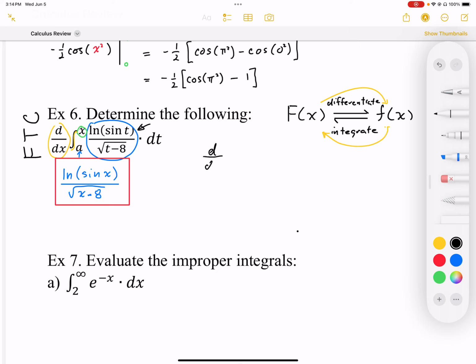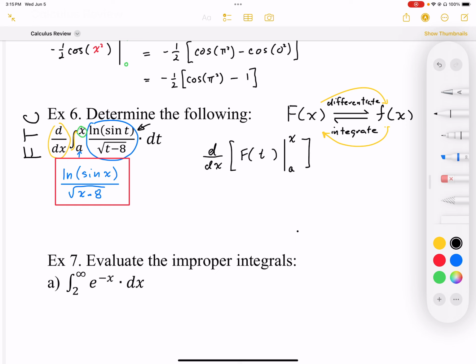So I haven't done the derivative part of this yet. And if I integrate, I'm going to find the antiderivative. Now, this antiderivative, we don't know what it is. However, we know we're going to anti-differentiate it from a to x. This is big F of t. That's my antiderivative function of that inside.